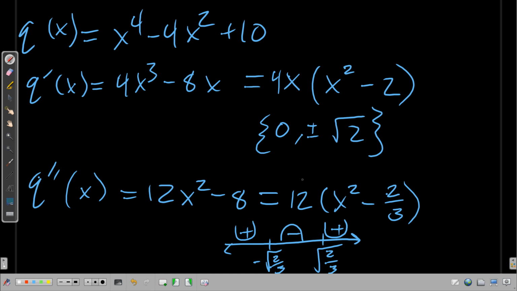Okay, so it does all this concavity changing stuff, and now I know everything that's going on, because 0 is in the middle, square root of 2 is over here, and negative square root of 2 is over here. And they're asking me for local minima, so the local minima will occur at plus or minus root 2.